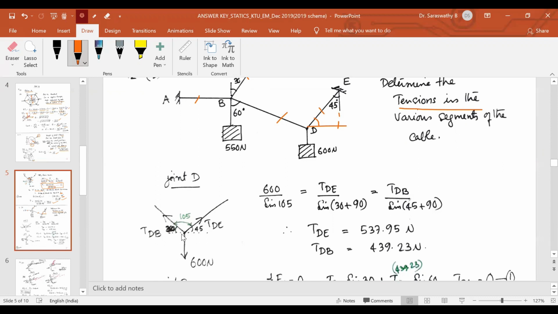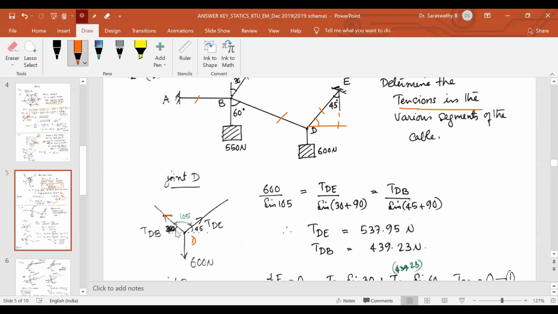Tension is marked away from the joint. At the joint D, I have marked tension, meaning the force acting away from the joint. Tension in DB is marked away from the joint. The angle which it makes with vertical is 60 degrees. Therefore, the angle which it makes with horizontal is 30 degrees, 90 minus 60.